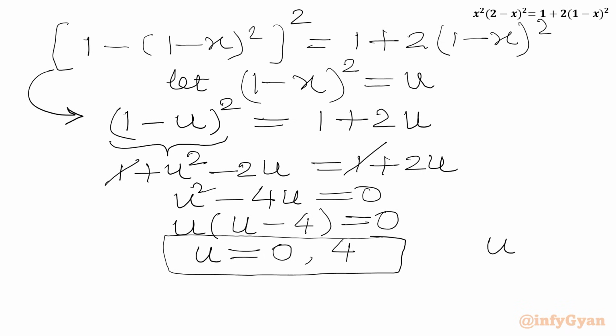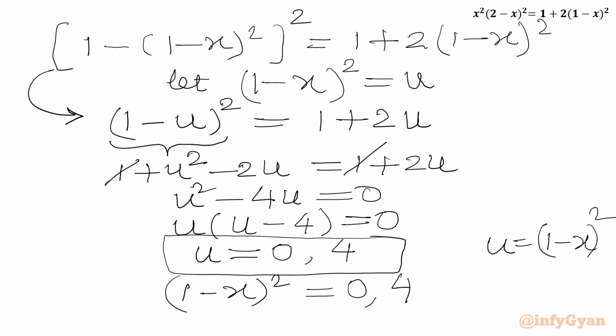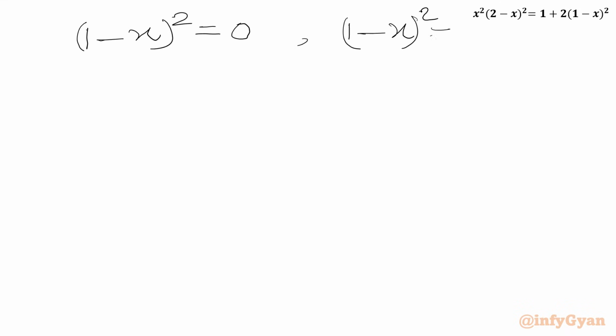Now u was our substitution, (1 minus x) whole square. So we are going to write here (1 minus x) whole square equal to 0 and 4. So we have to solve two equations. (1 minus x) whole square equal to 0, and (1 minus x) whole square equal to 4.